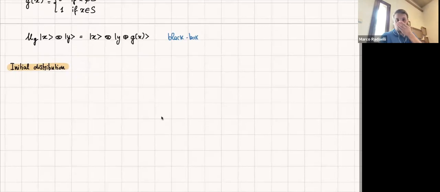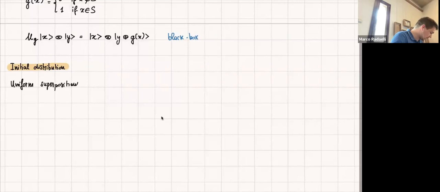So at the beginning, what we do is to create a uniform superposition of all candidate solutions. Every candidate solution will be represented by a binary string of length n.